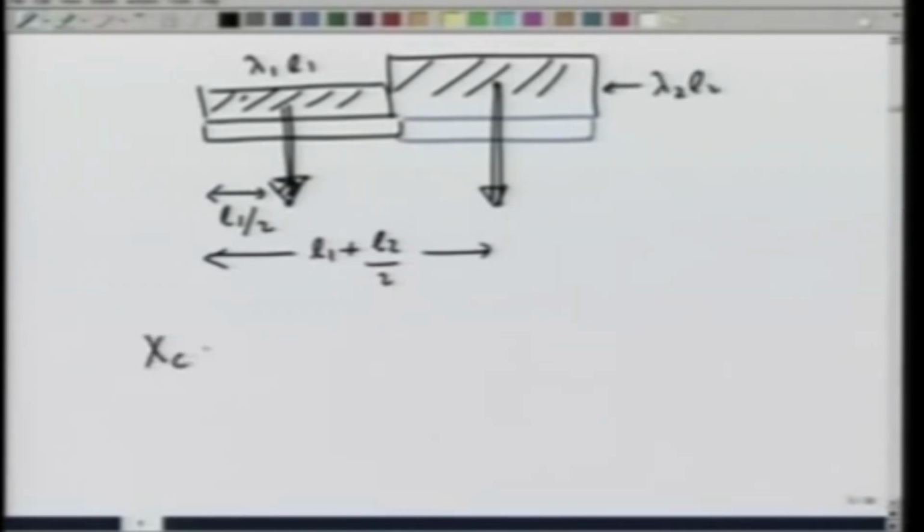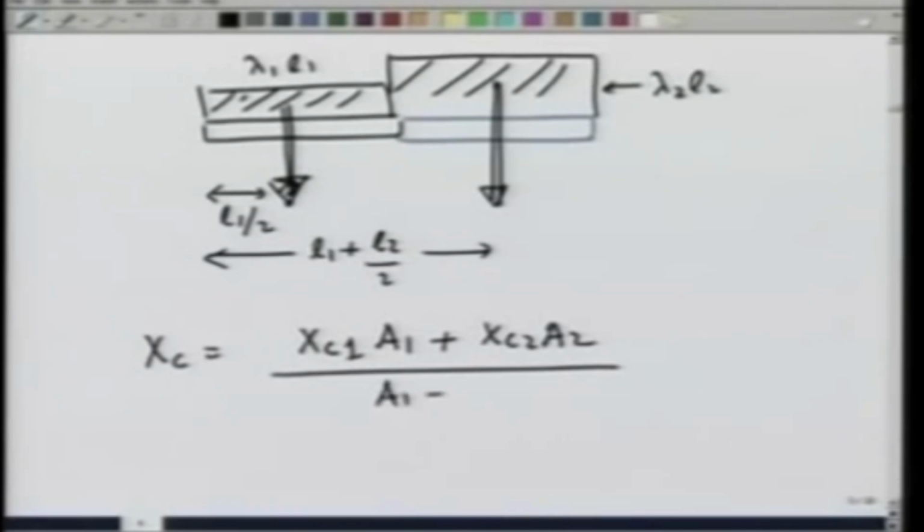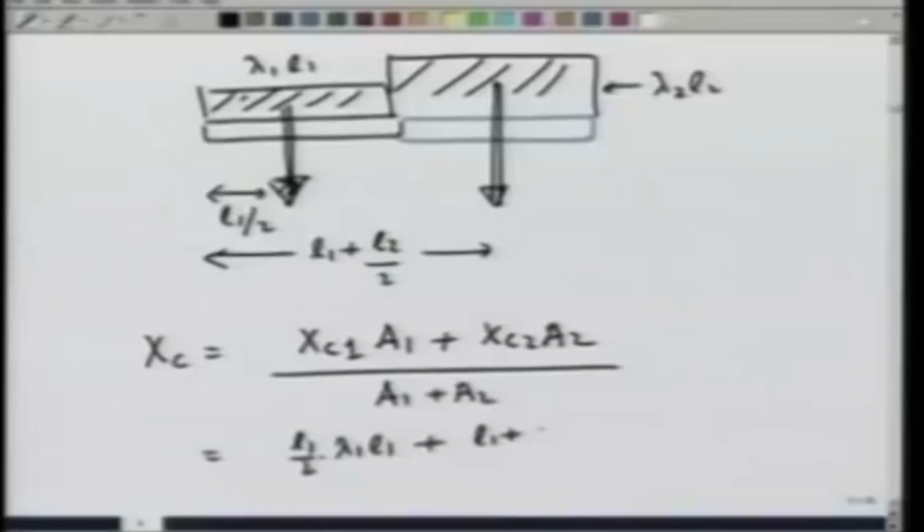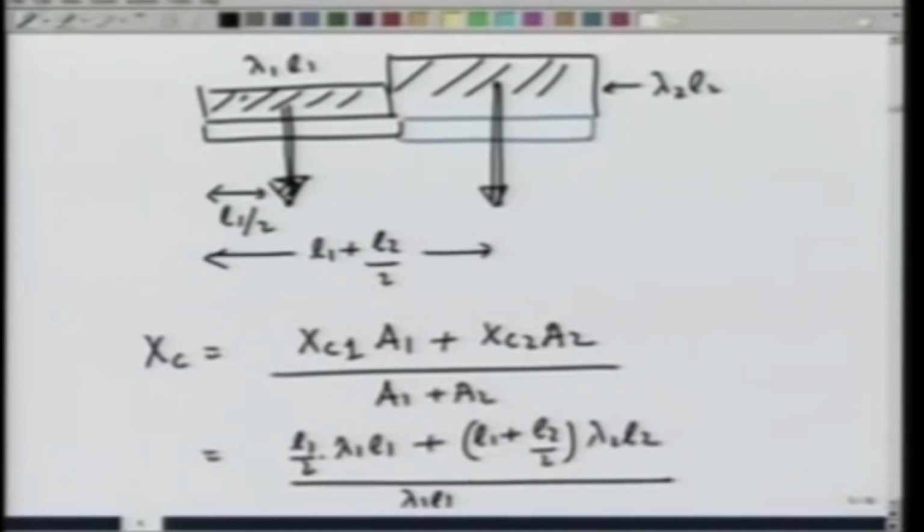So, x c is going to be x c 1, that is the first part, times area 1 plus x c 2 times area 2, divided by area 1 plus area 2, and that is going to be L1 over 2 times lambda 1 L1, g would cancel from the top and the bottom, plus x c 2, which is L1 plus L2 divided by 2, times lambda 2 L2, over lambda 1 L1 plus lambda 2 L2.